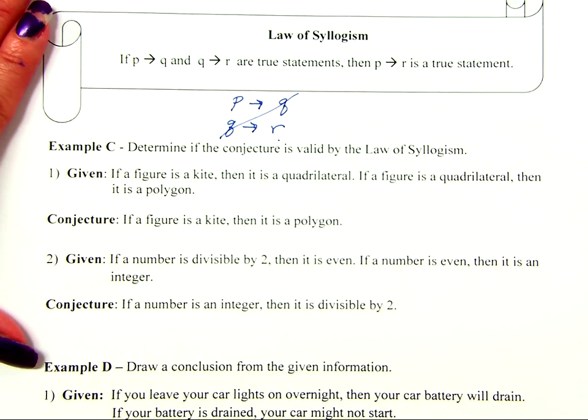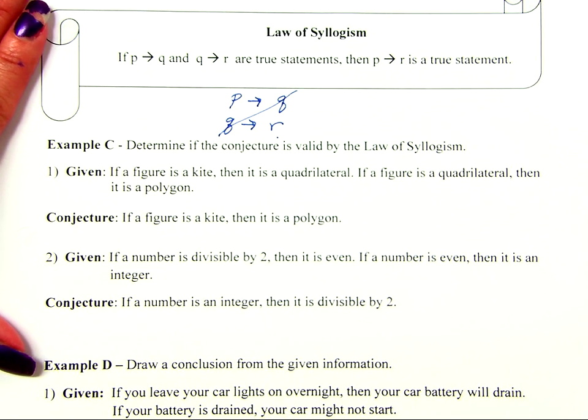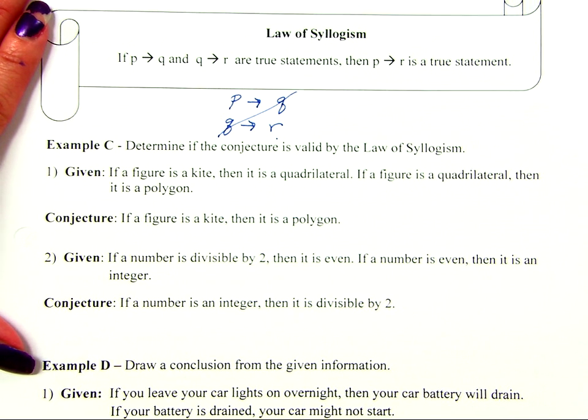So in example C, again, we're going to decide if we have a valid or invalid conjecture. My given statement says that if a figure is a kite, then it is a quadrilateral. If a figure is a quadrilateral, then it is a polygon. Can we conclude that if a figure is a kite, it is a polygon?